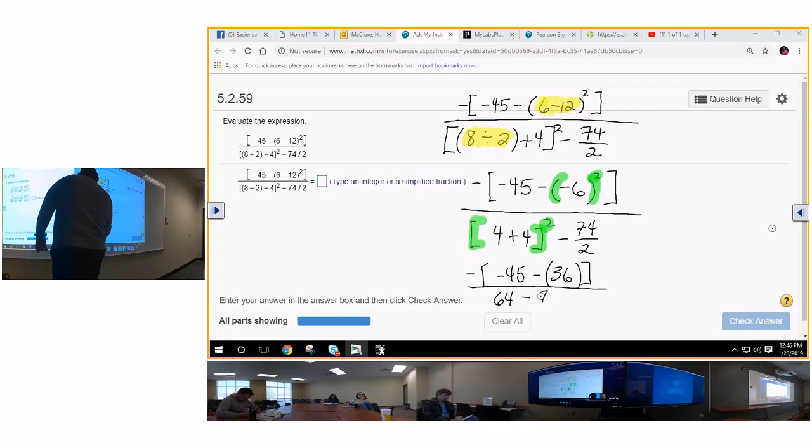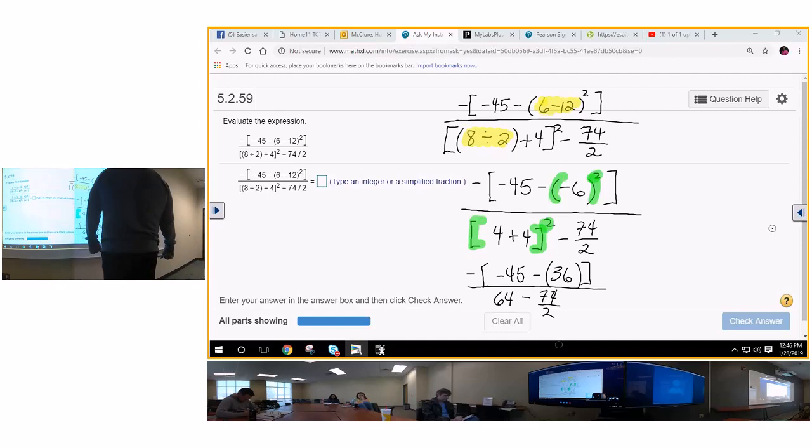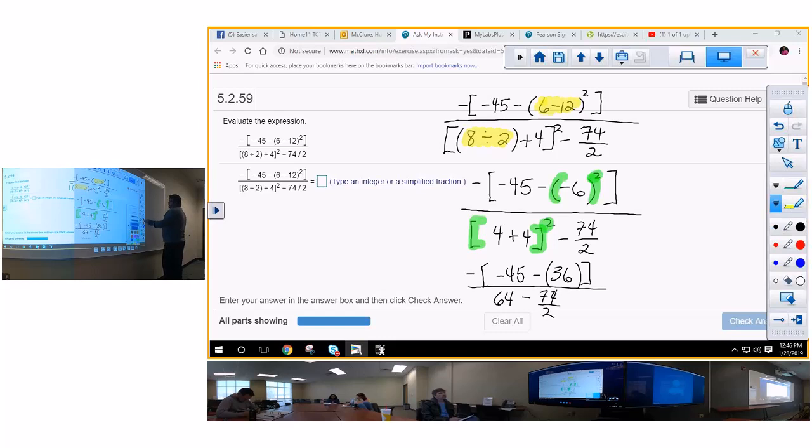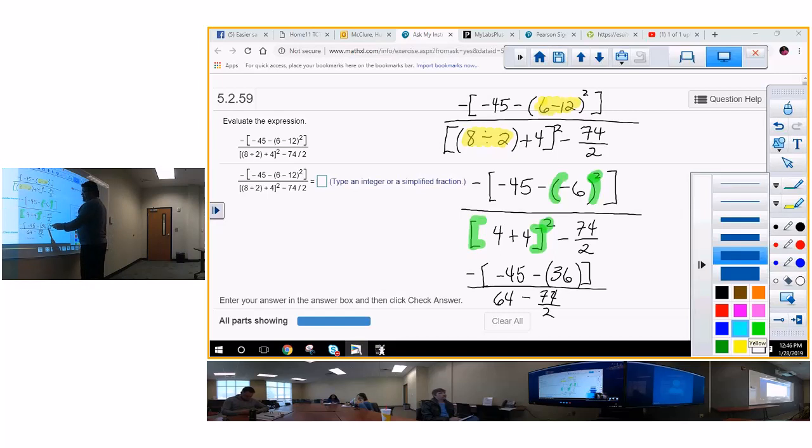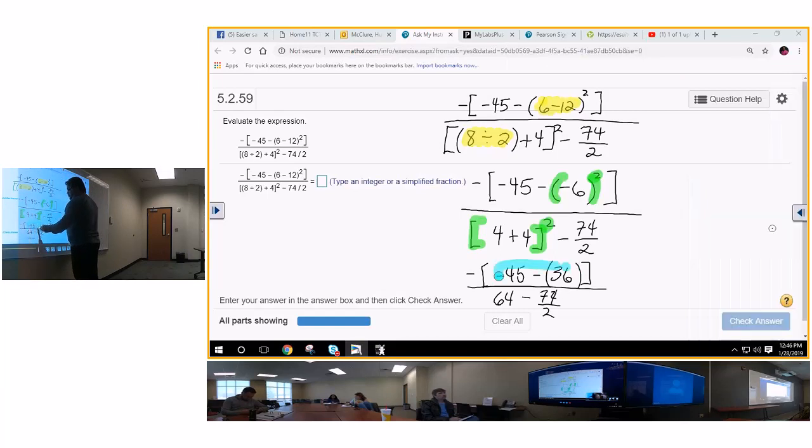Minus 74 halves. Okay, now we're going to focus on what's inside these brackets because I want to wait and do the denominator last. So we're going to do that next.